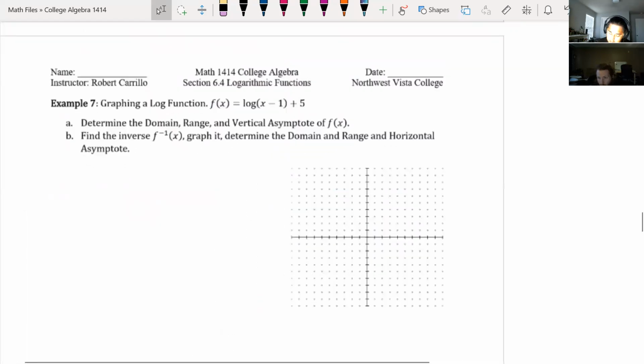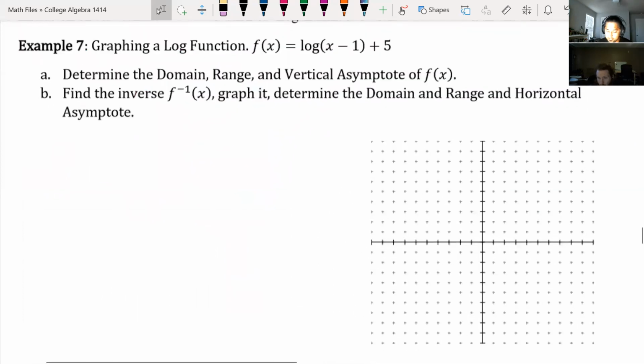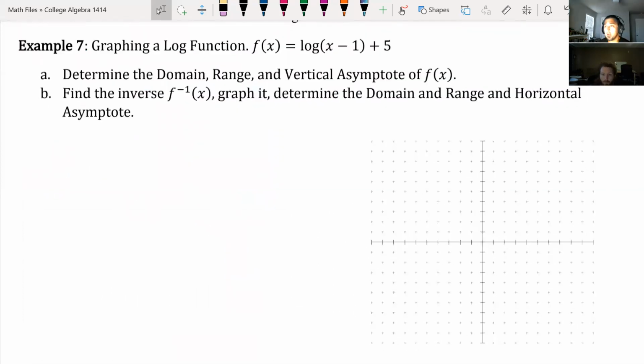All right, number 7. We want to graph f of x equals log of x minus 1 plus 5. Determine the domain, range, and vertical asymptotes of the original function, and then find the inverse, determine domain, range, horizontal asymptote, and of course, graph everything.